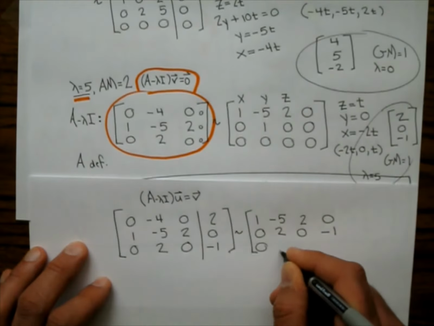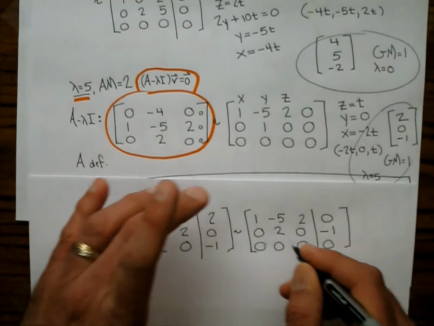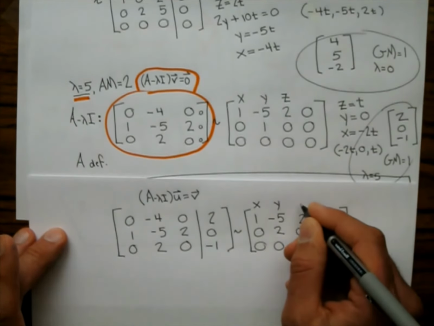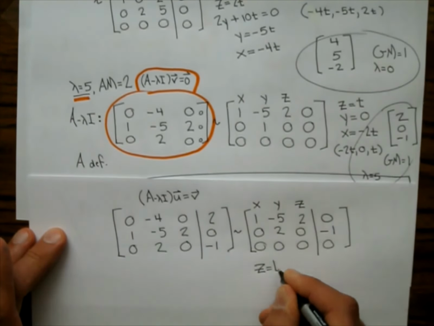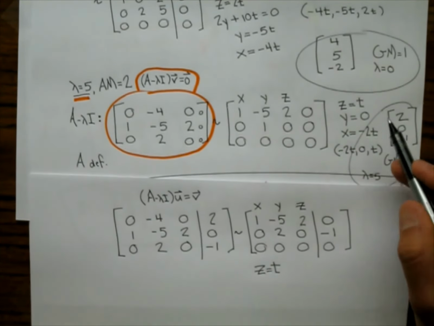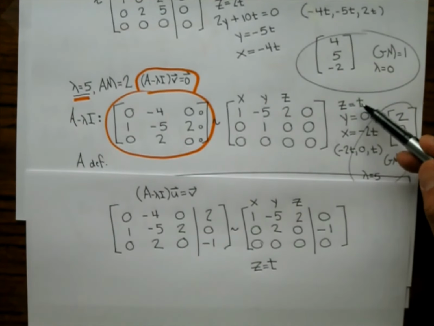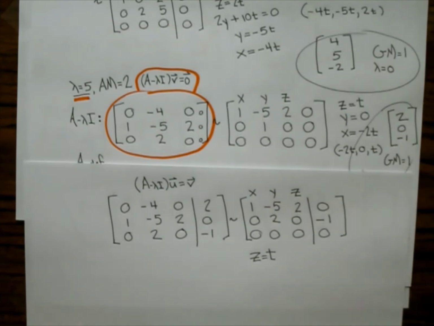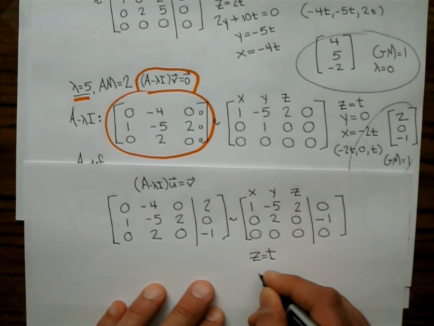And then we zero out one of the rows. Here's x, y, z. I'm going to let z equal t. Last time I let it equal negative 2t or whatever. Oh, no. What did I do last time? Yeah, I let z equal t. I don't know what I'm talking about here. And then I let y.